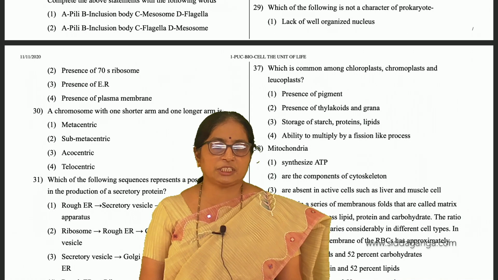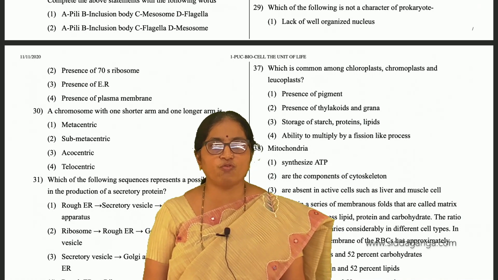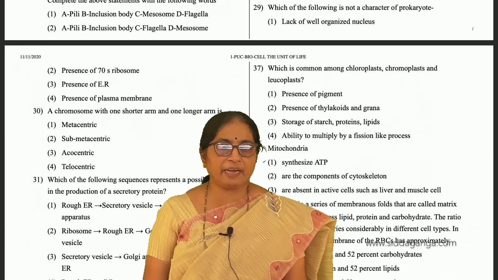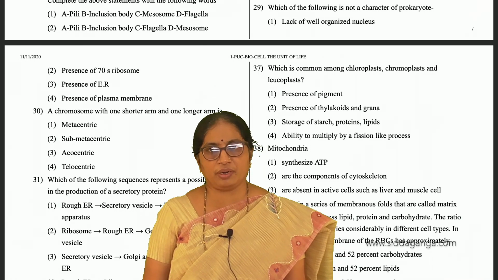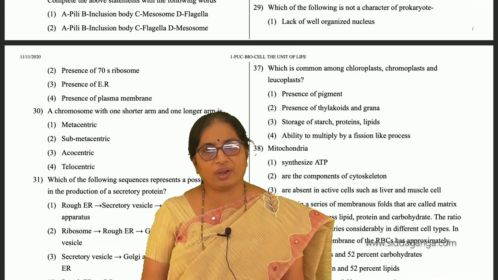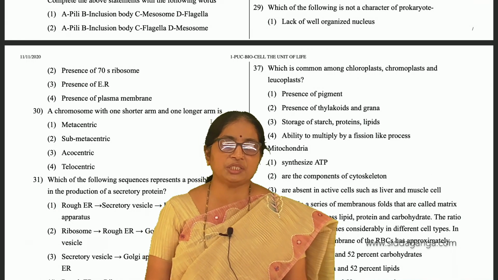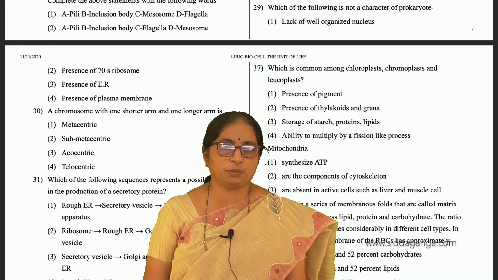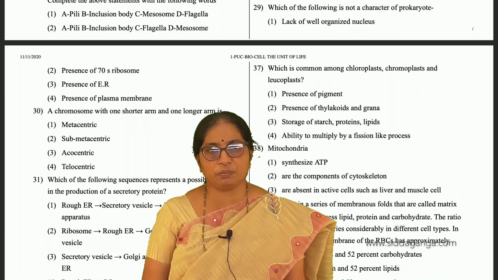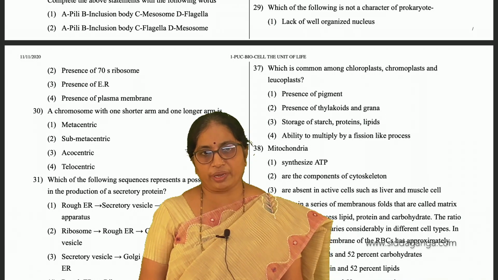So the suspected options are lack of well organized nucleus and presence of endoplasmic reticulum. Still, among these two we have to pick one right answer. Though an organized nucleus is not present, an incipient nucleus is of course present in prokaryotes, but endoplasmic reticulum is totally absent in prokaryotes.